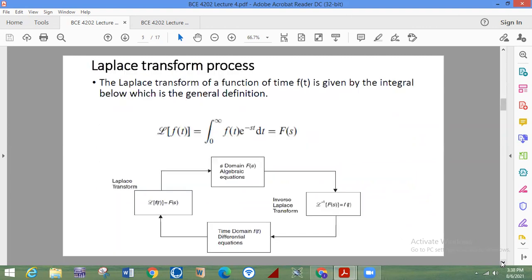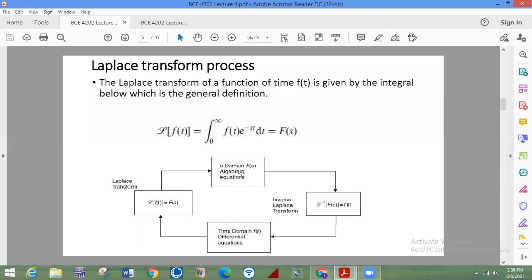This figure shows the process that we go through. You have a differential equation in time domain. You do Laplace transform. It goes into S domain or frequency domain.